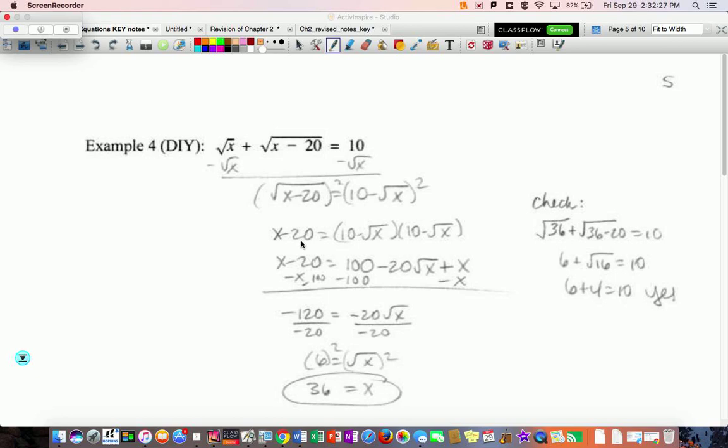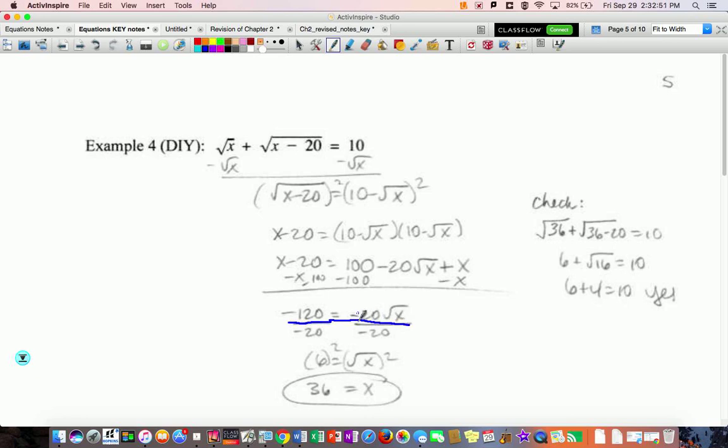So here you get x minus 20. Over here, you're foiling or using the box method, you'll get 100 minus 20 root x for the middle term, and an x over here. But because there's an x here and an x over here, when you subtract from one side, they're gone. And you can see right here, this is what you're left with.